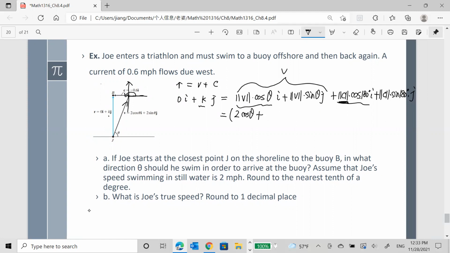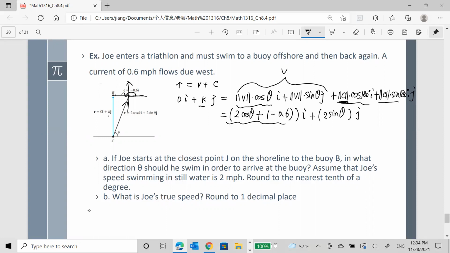Cosine 180 is negative 1, so negative 0.6 I. And then the J part: 2 times sine theta, plus 0.6 times sine 180. Sine 180 is 0, so that part is 0.